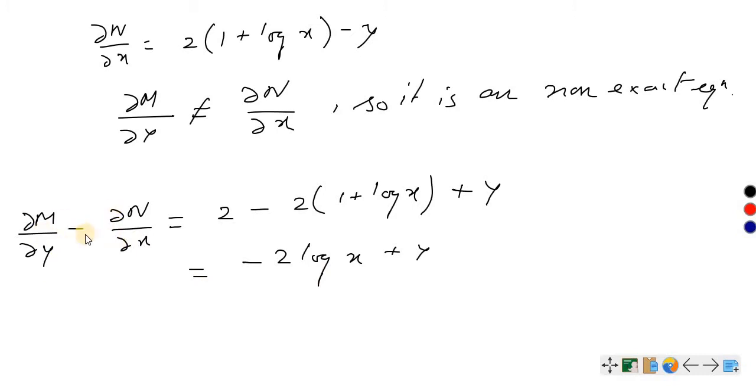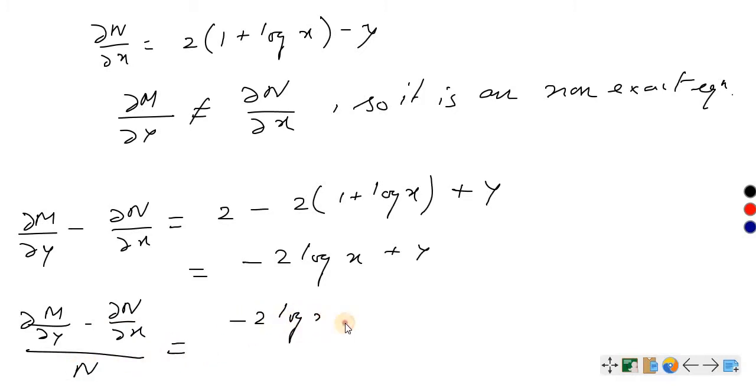Now I will simply divide this by N and I will check what I am getting. So I will take this minus this divided by N. What is my N here? I will have the value of N here as 2x log x minus xy. I can take x common.